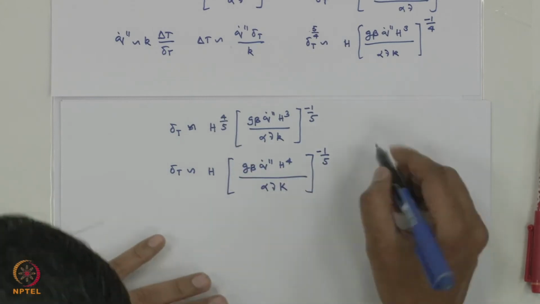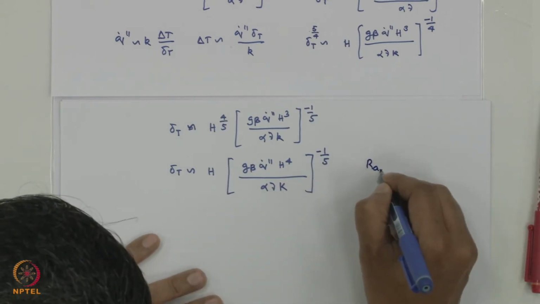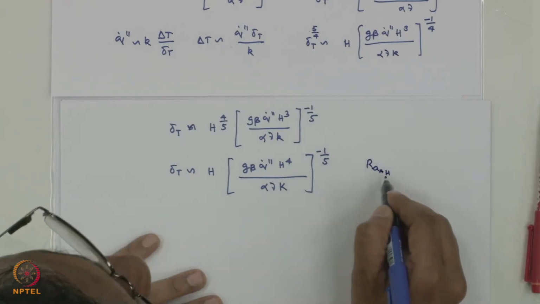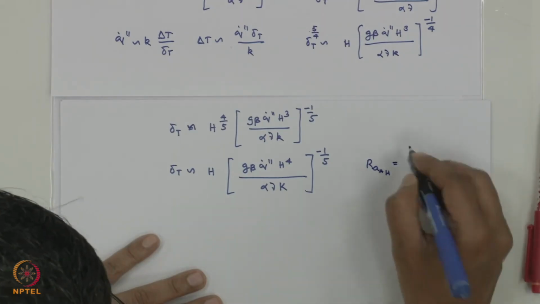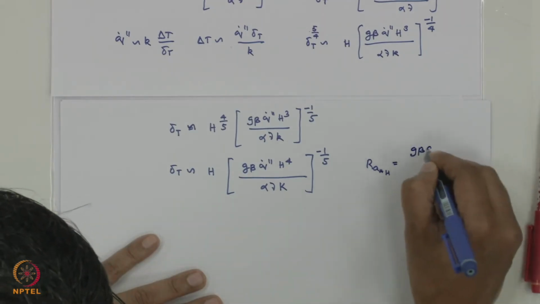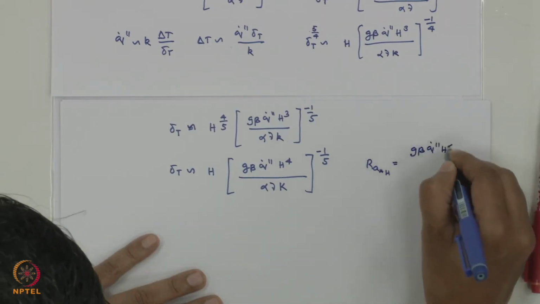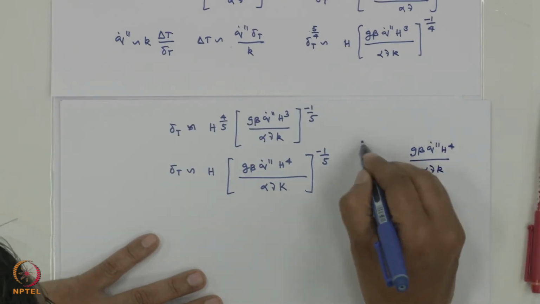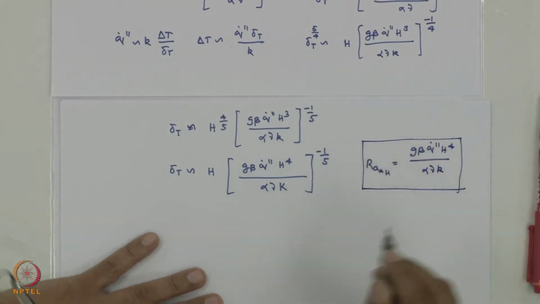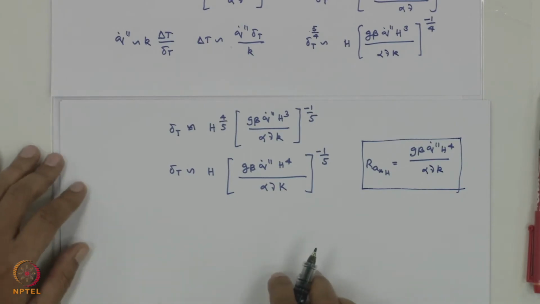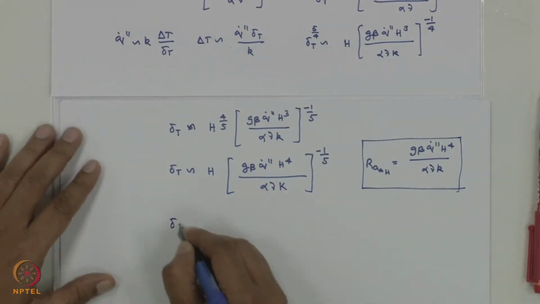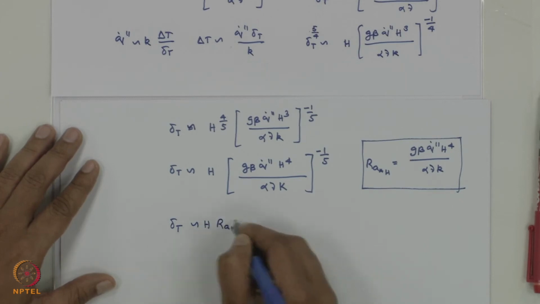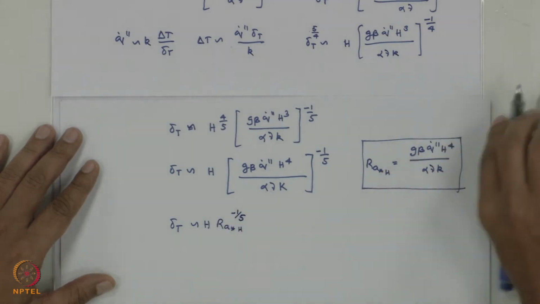So I am defining Rayleigh on the basis of constant heat flux, that is Ra star, star means constant heat flux. I am defining that as G beta Q double dash H to the power of 4 upon alpha nu K. So if I substitute that, delta T is H Ra star H to the power of minus 1 by 5.